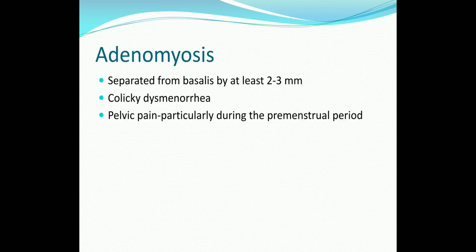The stratum functionalis is what goes in endometriosis. Here it is the basal endometrium which is going into the myometrium. Understood? So that's why here there is no menorrhagia, because it is not functioning according to the hormonal cycles. So here the patient will only have dysmenorrhea.